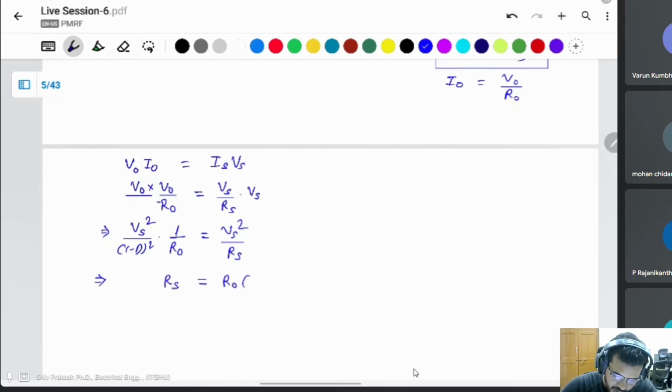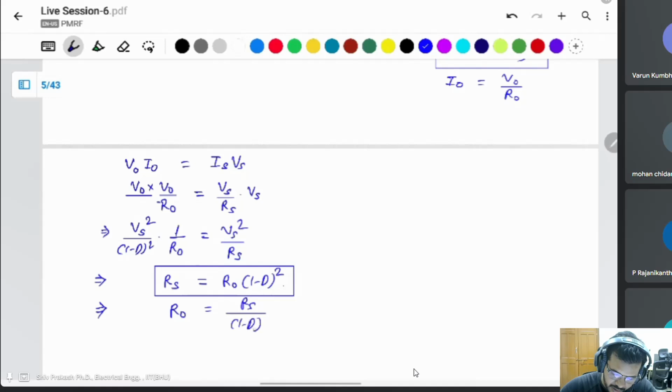Rs is equal to R naught into 1 minus D square. Now you can say R naught is equal to Rs. This is the relation between the output resistance and input resistance.